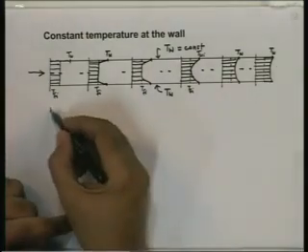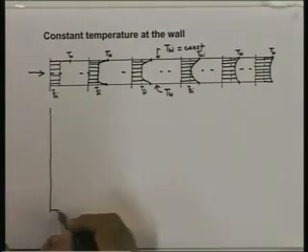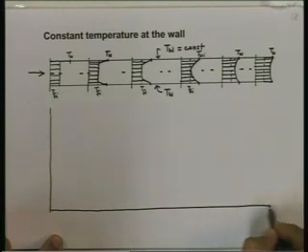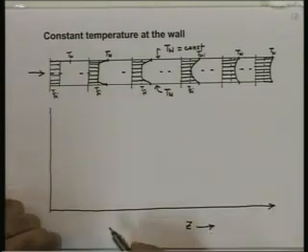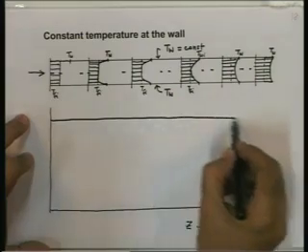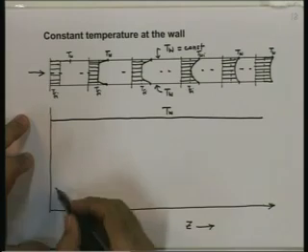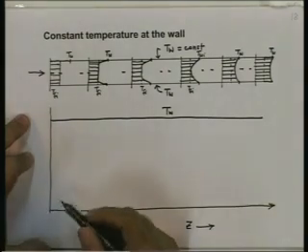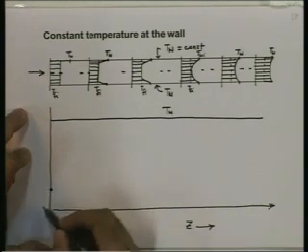Let us plot some parameter against distance from entry Z. Let me first plot Tw, which is easy to plot. Tw is constant. Let's plot the fluid temperature. We assume that at the inlet it was lower than the wall temperature.